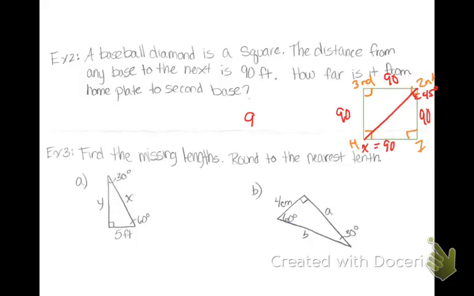So you're going to this time do 90 square root of 2, because remember, x square root of 2 is your hypotenuse. That is 127.27, but let's make it a whole number. So it's about 127 feet.